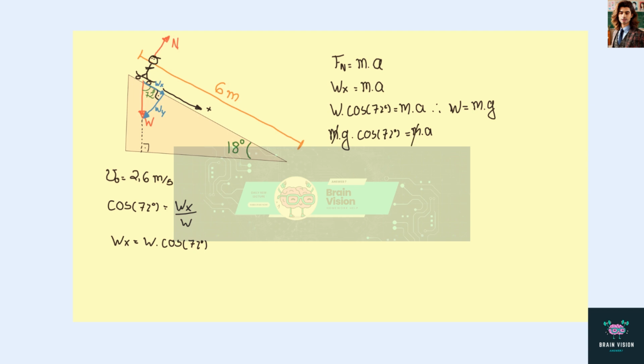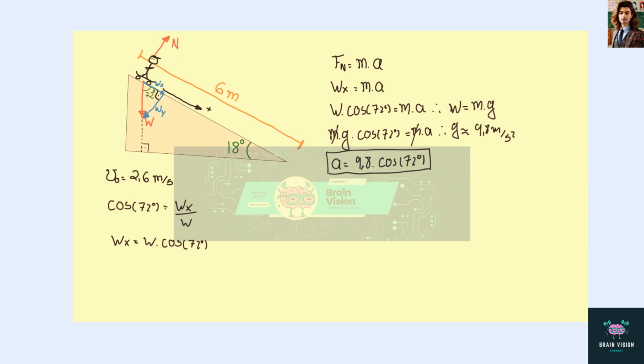Then we can simplify the masses to get an acceleration that is equal to g times the cosine of 72. Remember that g is approximately 9.8 meters per second squared. So here we have 9.8 times the cosine of 72 degrees. And this is his acceleration.